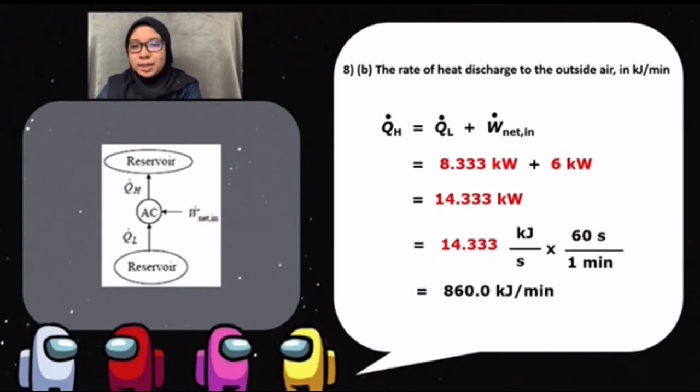To change to kilojoule per minute, we multiply by kilojoule over second times 60 seconds per 1 minute, and we get the value of Q dot H equals 860 kilojoule per minute.